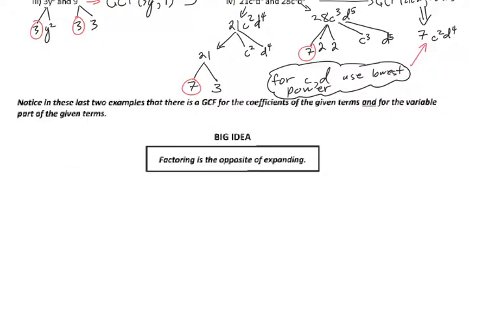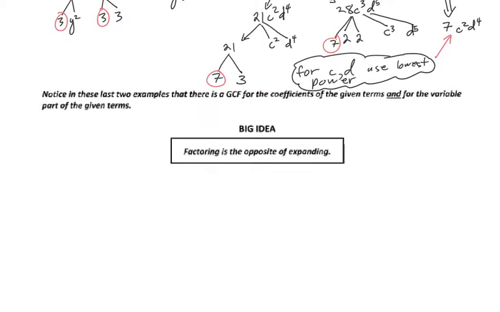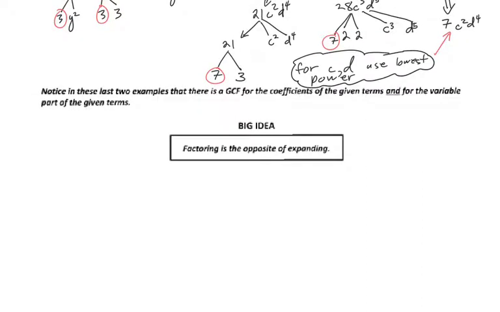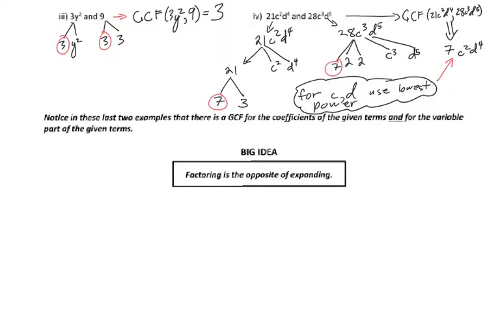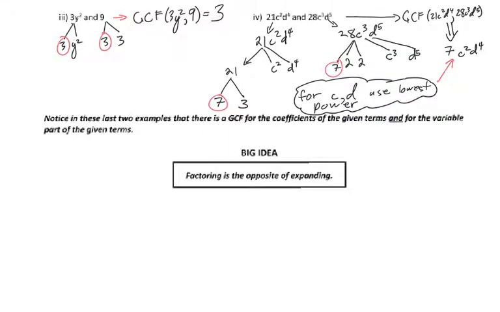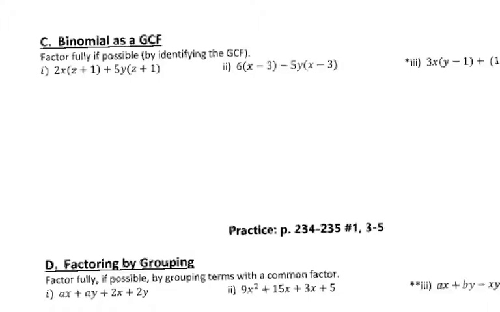And the big idea, all you really need to understand is this: when you take a look at our new concept, we're going to be using the GCF to help us with factoring, and factoring is just the opposite of expanding. When we hear the term factor using GCF, all we're looking for is a matching pattern.